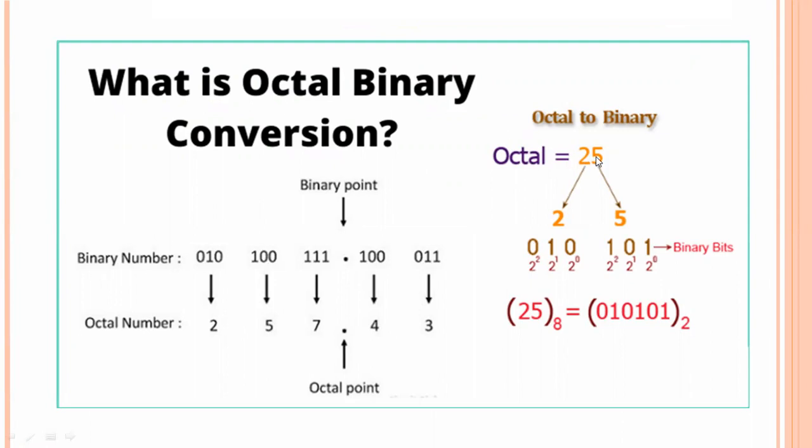Like 2 5, it will become 2 and 5, and that will become 010101. Similarly, if the number is given divided into two parts of three digits each, it is converted to binary form.